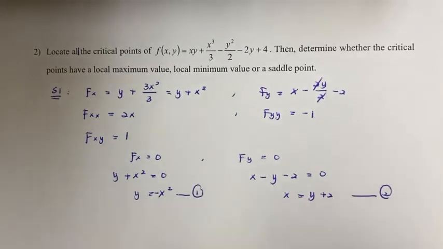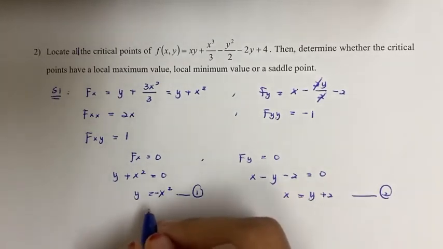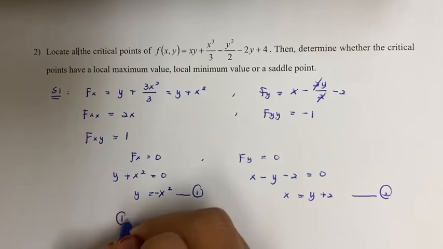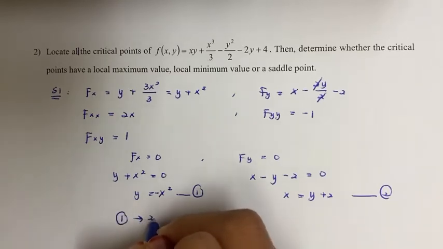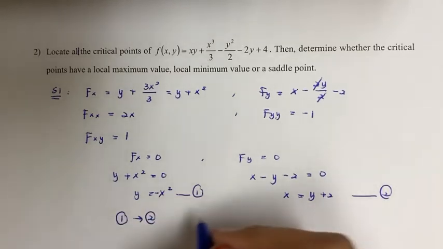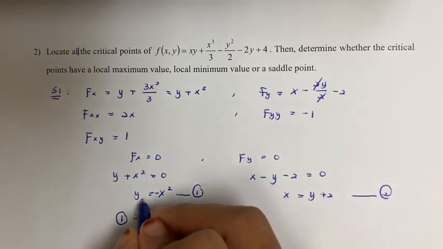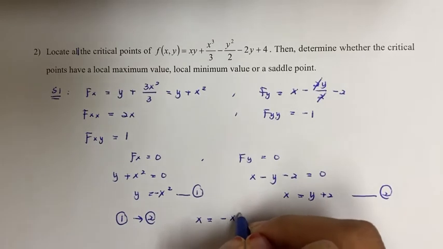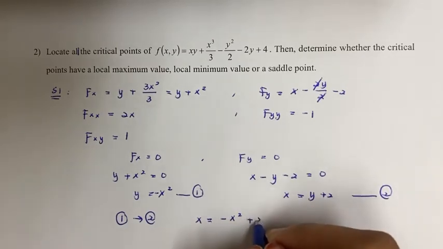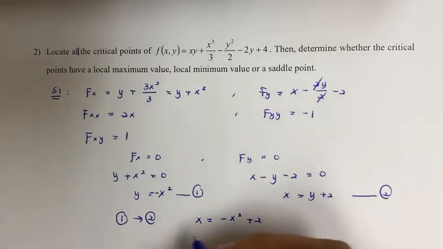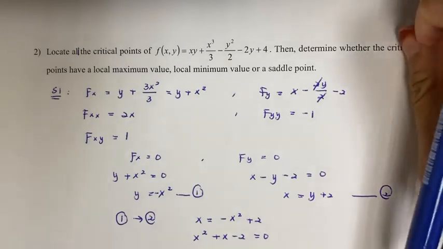So this is the second equation. Solve them simultaneously. What we can do is substitute 1 into 2. So x is equal to y plus 2, where y here is minus x squared, so we have x squared plus x minus 2 equal to 0.